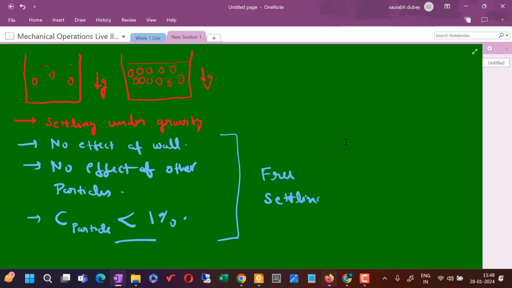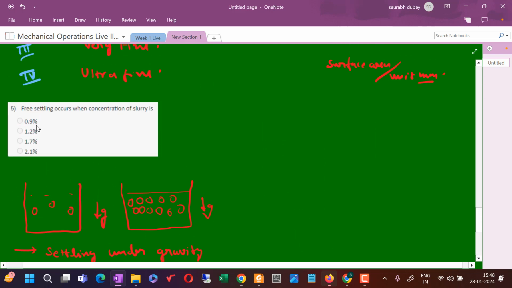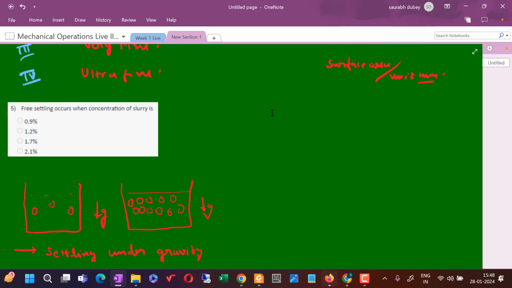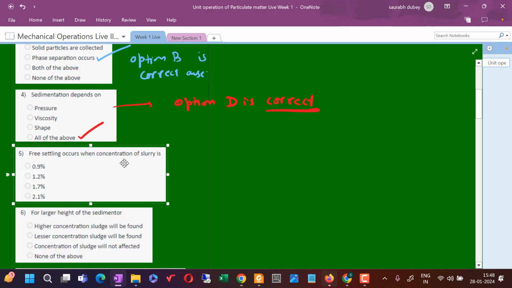So now you know what free settling is. Here only one option is less than 1%, which is 0.9%. So C particle less than 1% is the correct answer. For question 5, option A is the correct answer.